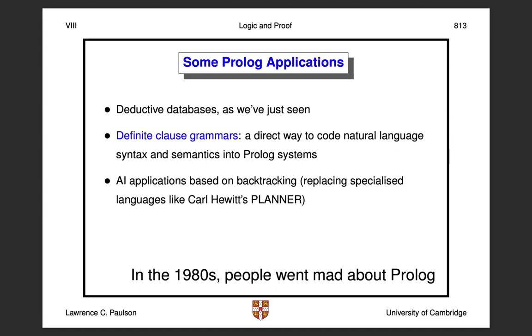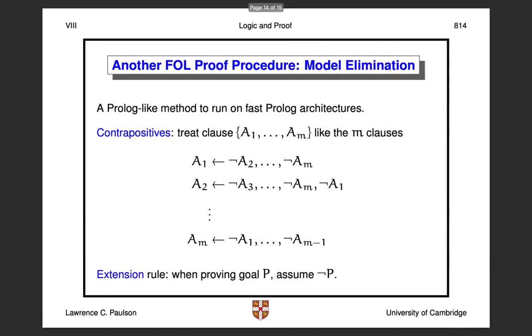But the backtracking is more natural, more logically based in Prolog. People went mad about Prolog, although now I think people are not so excited anymore, just as Lisp has kind of faded from the scene. But we are not quite finished with Prolog yet.